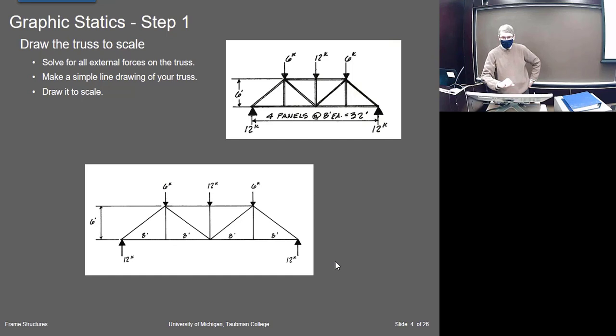So there's a direct relationship between the forces and the geometry they're in. The truss itself follows the direction of the forces, so you can graph the forces using the geometry of the truss.